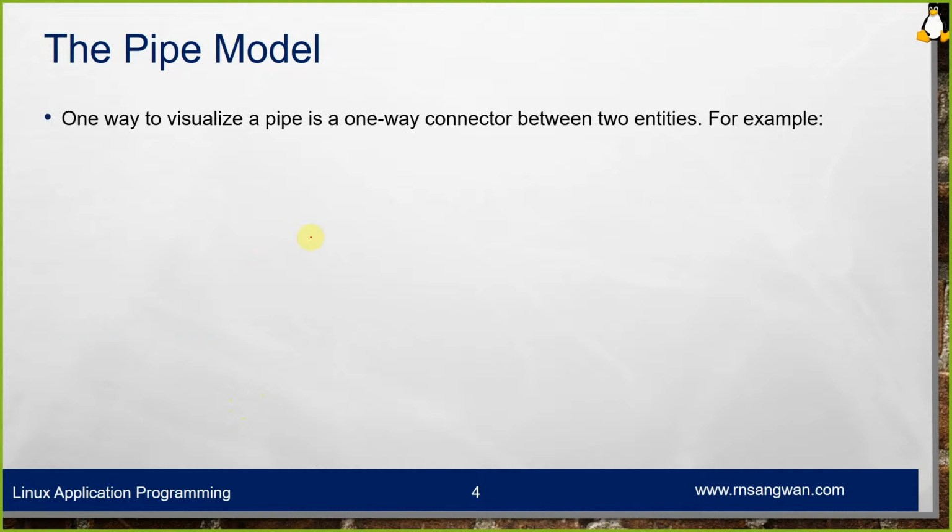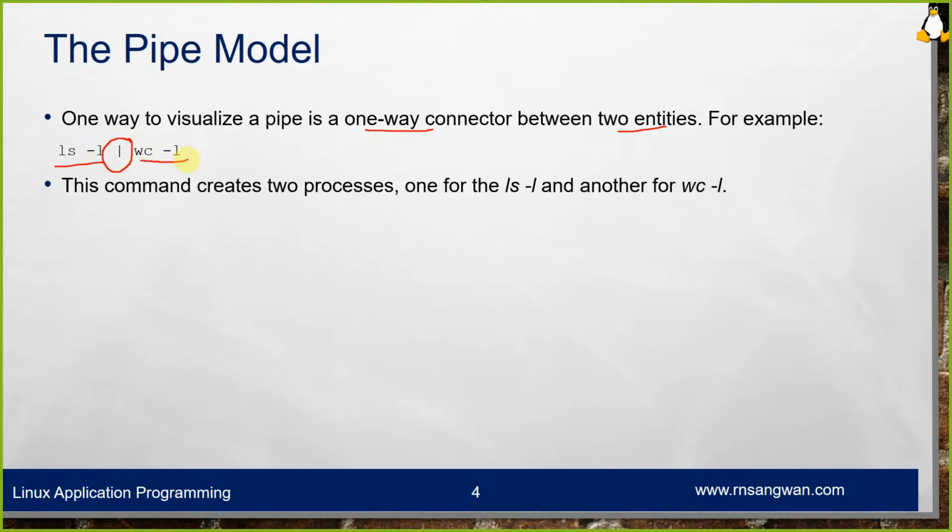One way to visualize a pipe is a one-way connector between two entities. For example, ls -l | wc -l. This command creates two processes, one for ls -l and another for wc -l.